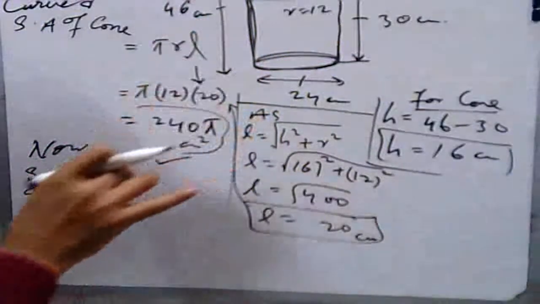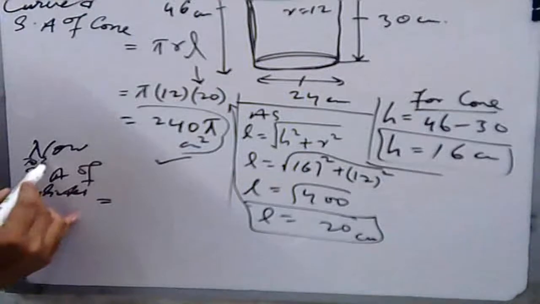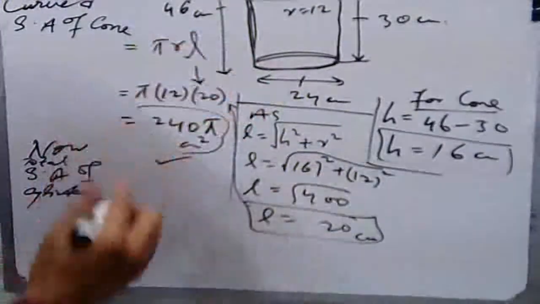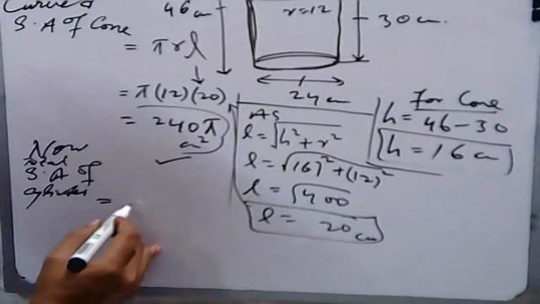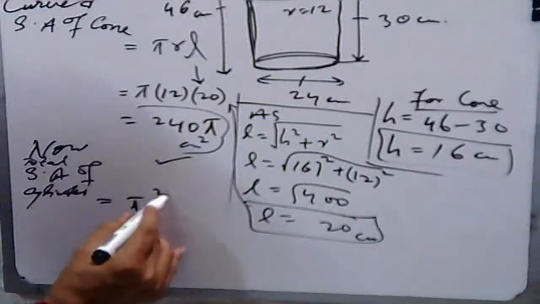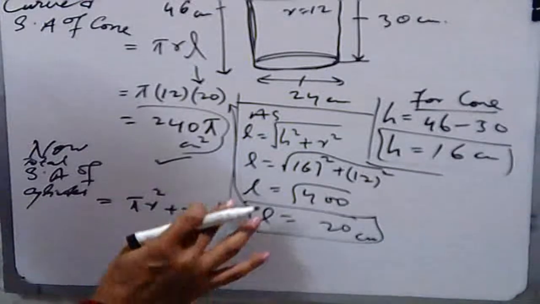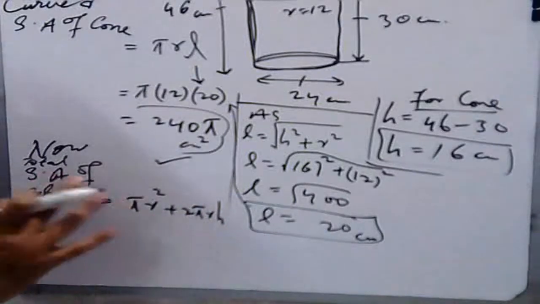So we have a formula, pi r square plus 2 pi r h. Pi r square means base area of a cylinder, and second thing is curved surface area of a cylinder, that is 2 pi r h.